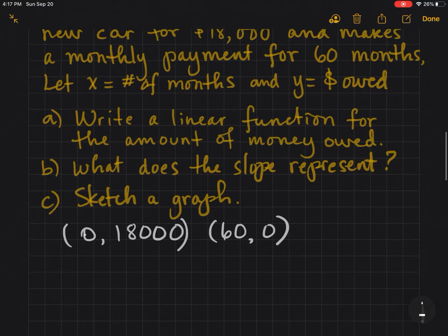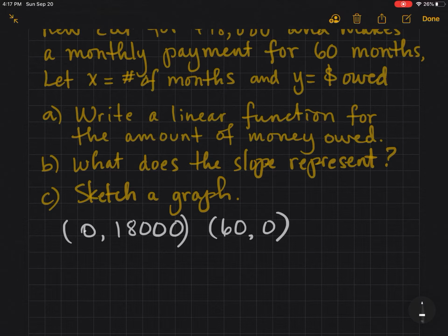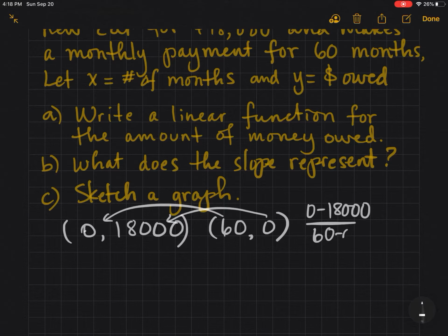So now we can write a linear function once we find the slope. So we have 0 minus 18,000 over 60 minus 0. And that gives us a negative 18,000 over a positive 60.